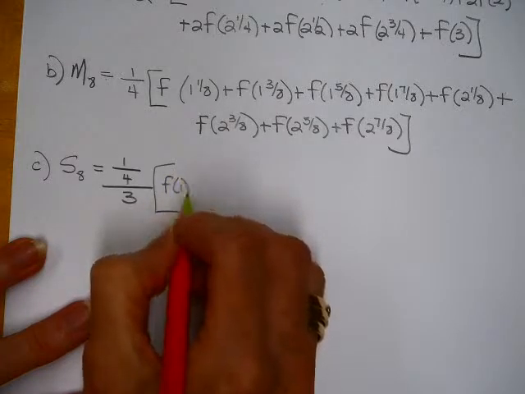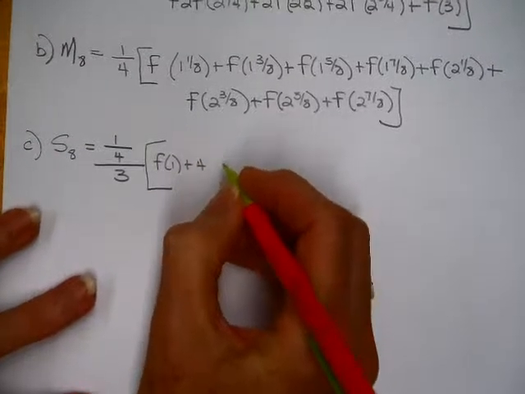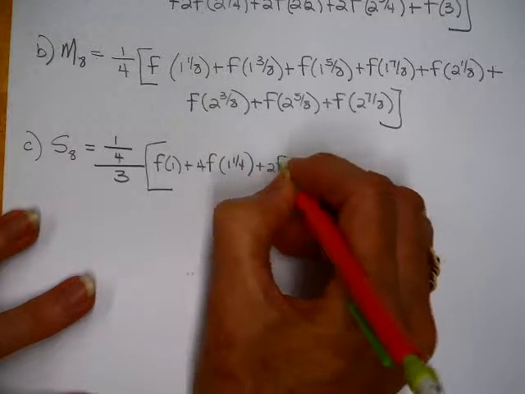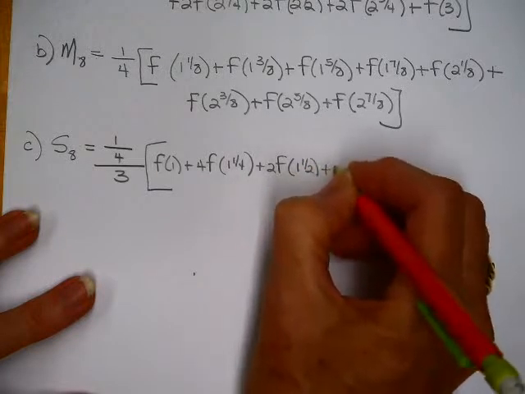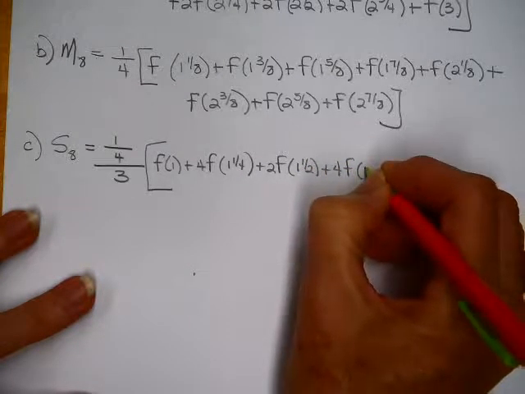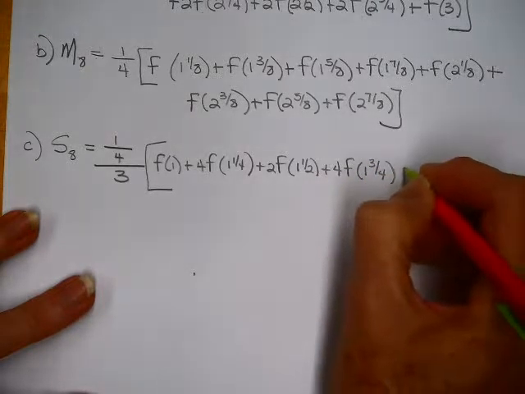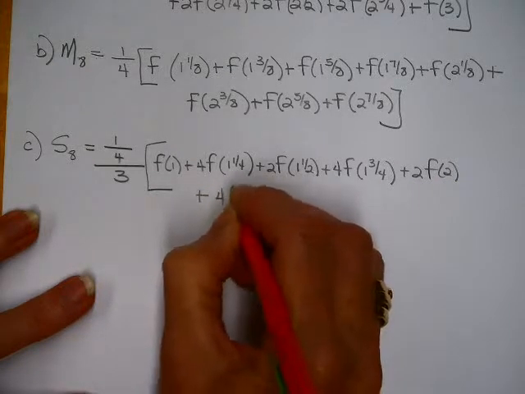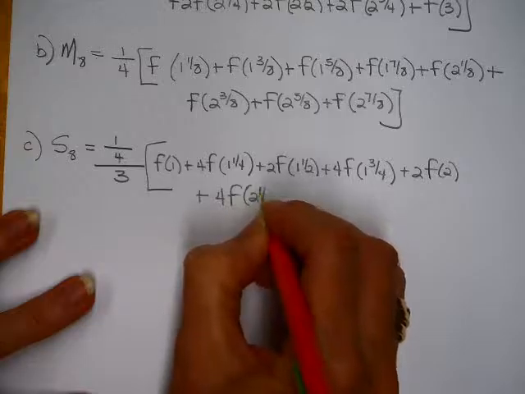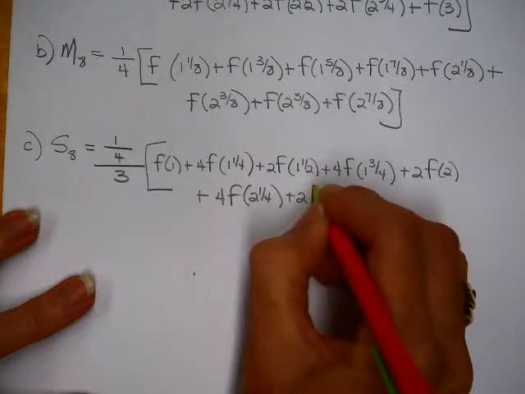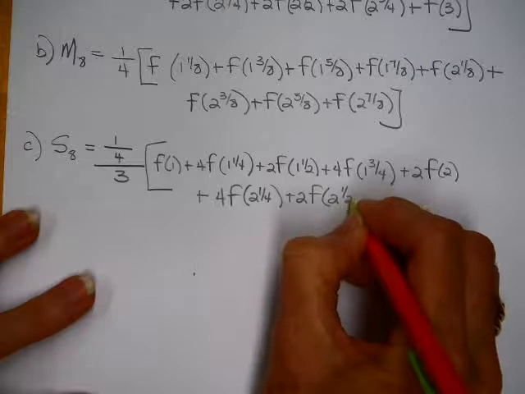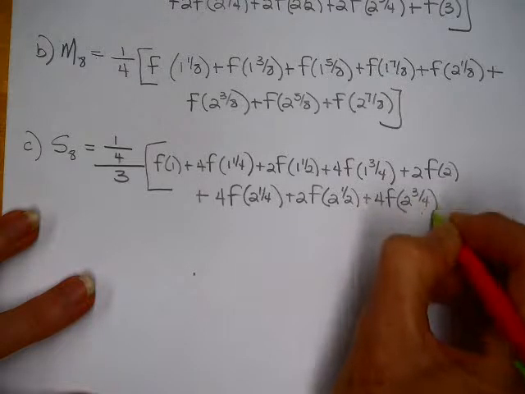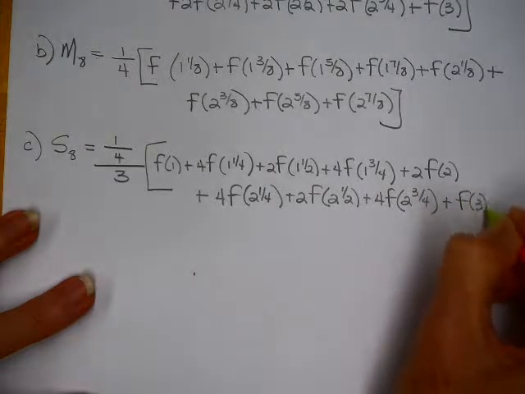So it's f of 1, 4 times f of 1 and 1/4, 2 times f of 1 1/2, 4 times f of 1 3/4, 2 times f of 2, 4 times f of 2 1/4, 2 times f of 2 1/2, 4 times f of 2 3/4, plus f of 3.